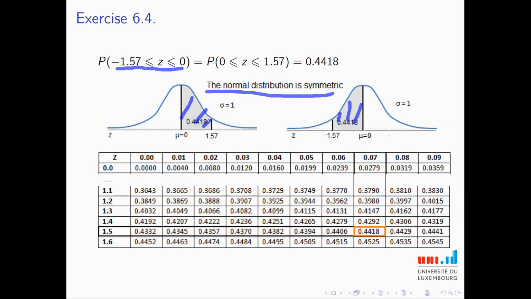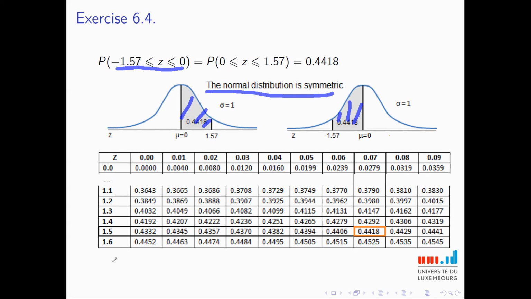And for example, if we have only one tail, the table, which is usually only for positive numbers, we just have to flip it upside down with a negative number, and calculate the probability that our random variable lies within the interval from 0 to 1.57.